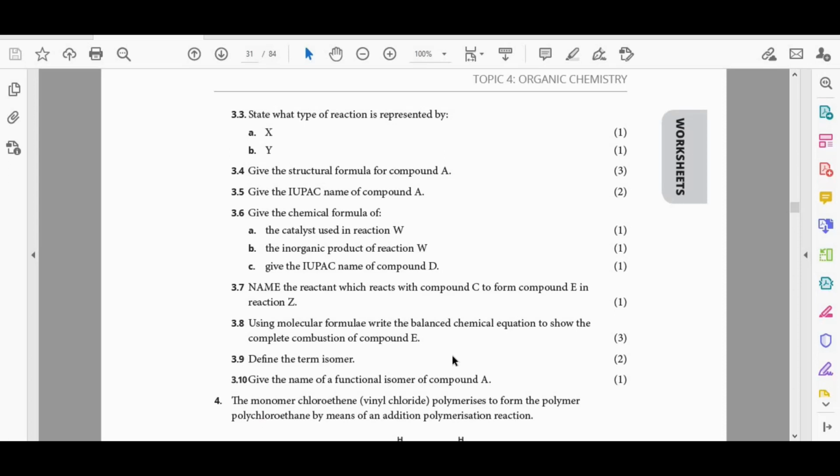But an isomer is organic compounds that have the same molecular formula but different structural formula. That is the formal definition for an isomer, although there are 3 different types.